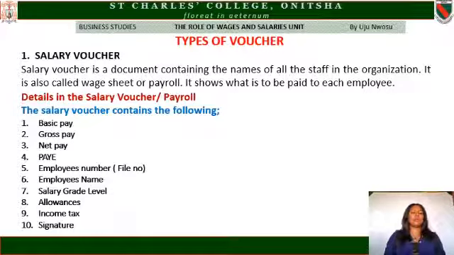Number one, basic pay, gross pay, net pay, pay as you earn, we normally call it payee, employee's number, or you can equally call it file number, employee's name, salary grade level, allowances, income tax, and signature.